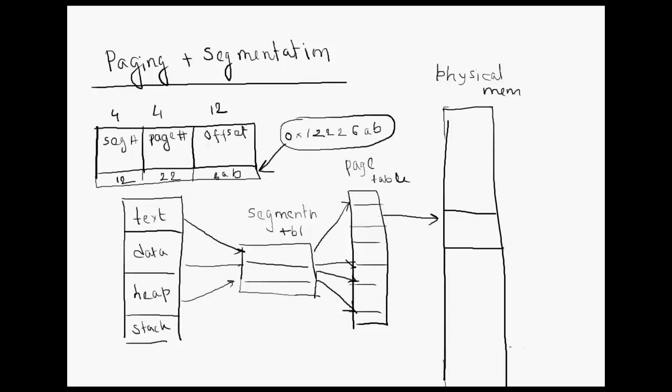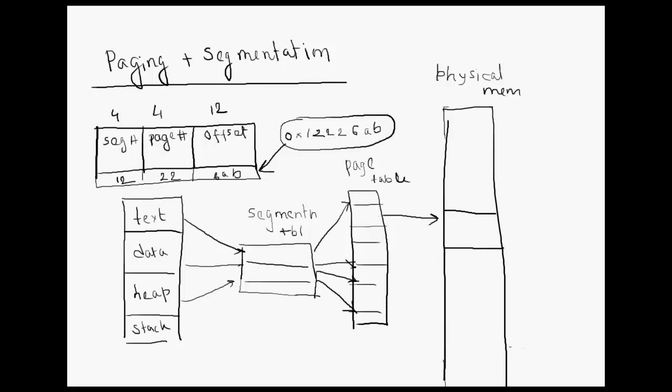So let's take an example of a memory paging plus segmentation scheme, where we have a 16 bits address space, which is 64 KB address space, and we can have the scheme as 4 bits of segmentation table entry number, 4 bits used for page table number, and 12 bits for offset.